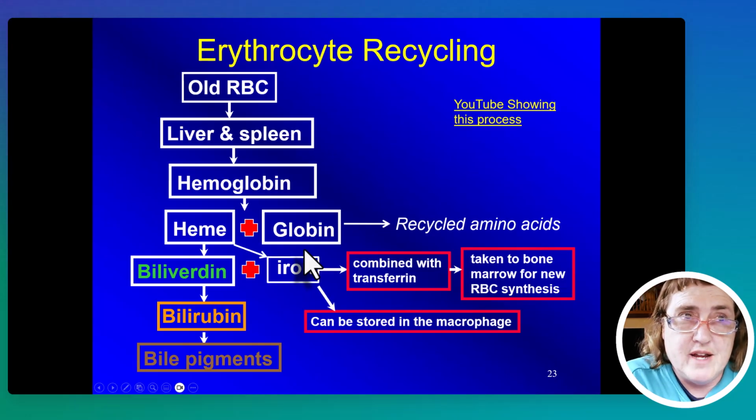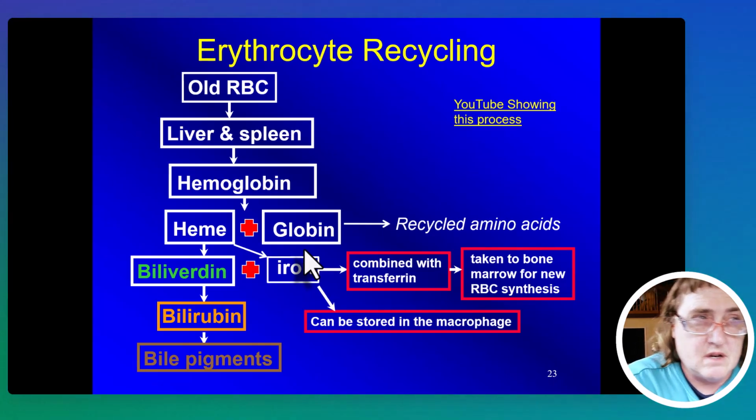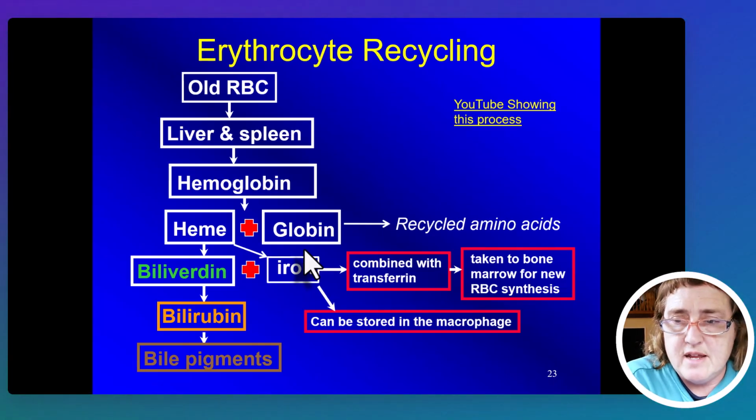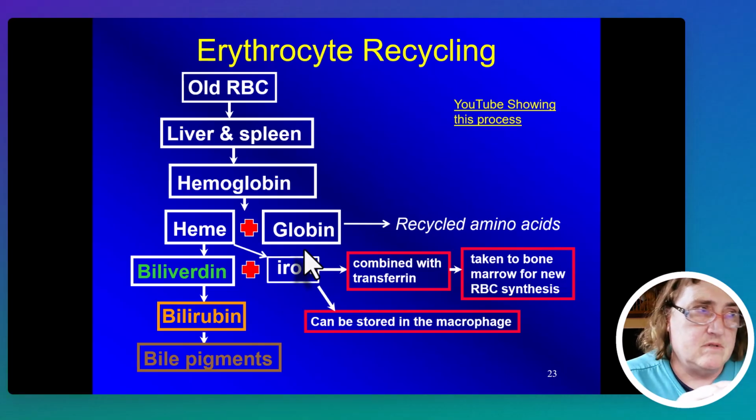So after 120 days, those little red blood cells are getting raggedy, and as they go through the liver or spleen, they will be recycled. The cell's material is broken down, and that hemoglobin, and you have a lot of hemoglobin inside each red blood cell, is split into its two main components, the heme and the globin.